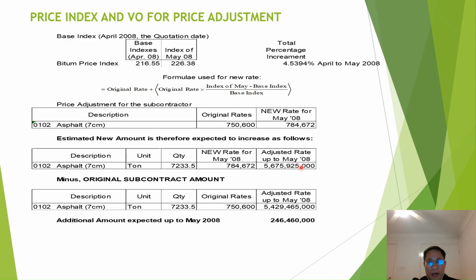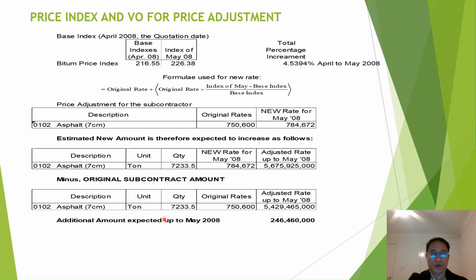We minus the new value to the original value. We come up with the variation value because of price adjustment for this first item.